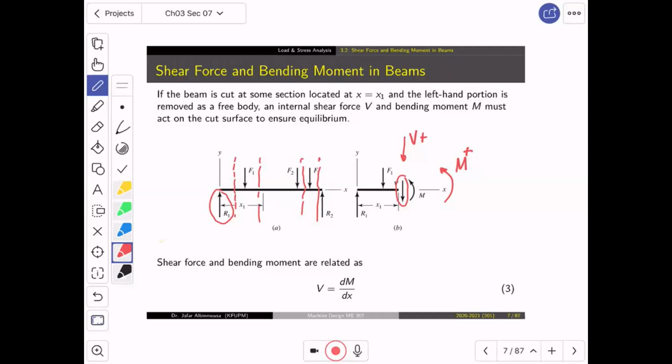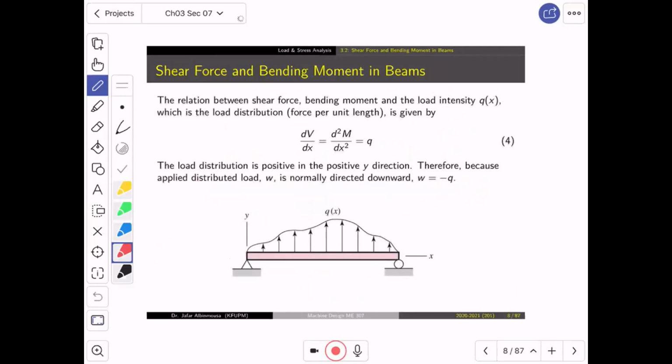Now, obviously, I'm going to remind you that when we do this, we will know what is happening inside the beam at that point. And depending on the behavior, sometimes this value, which is the reaction value, stays constant. Sometimes it changes. So just to remind you that the shear force is related to the bending moment by the equation V equals dM over dx.